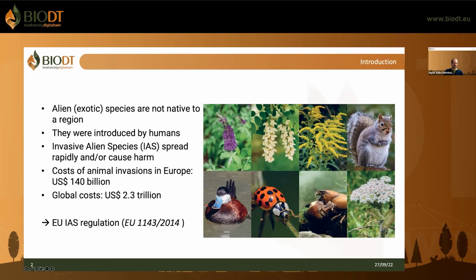And the global costs of biological invasions are estimated to be at least $2.3 trillion US. So there is some real political and societal demand to counter these biological invasions, and therefore there's even a European Union regulation on invasive alien species.